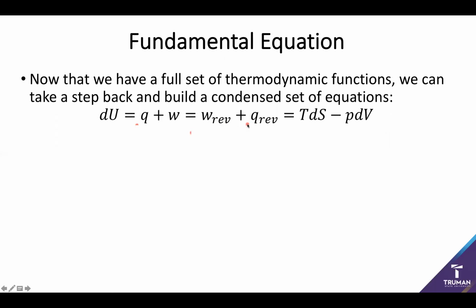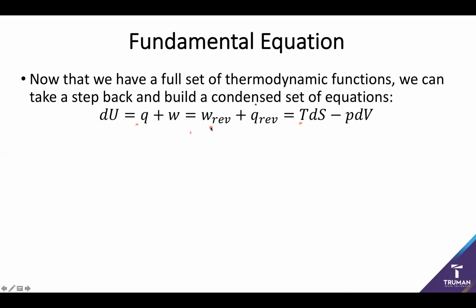Well, it turns out that we know that a reversible heat is the same as TdS, but we've also established that work is the same as negative P external dV. However, here's a wonderful little trick.